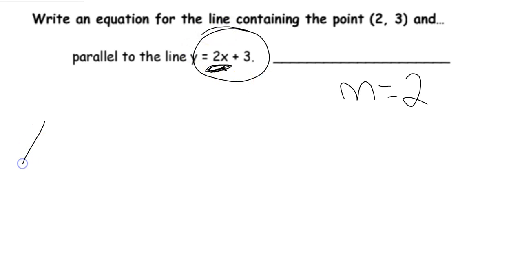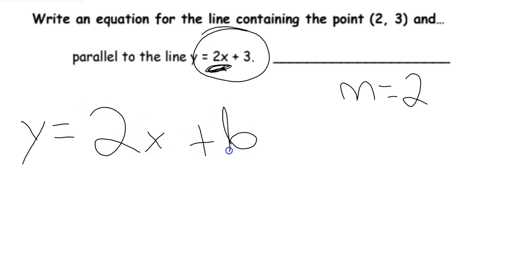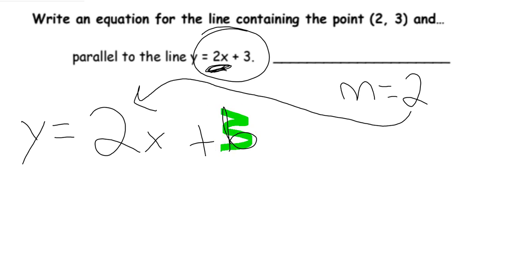Now, the rest of the stuff I have to find out about the line, I've got to use that point (2, 3). My generic equation for slope-intercept form is y equals mx plus b. I know my m has to be a 2, so I plug it in for m here, which means I only have one thing left to solve for, and that is this b here.